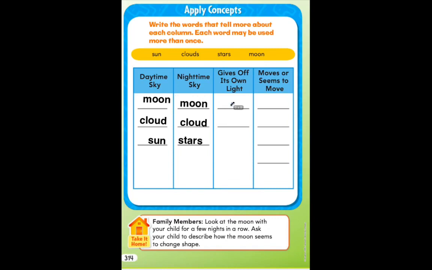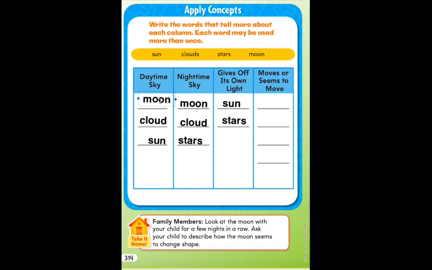Then what else? Who gives off its own light? Does moon give off its own light? No, it is the sun and the stars. These two give off their own light. Moves or seems to move. All the four things either move or we feel that they are moving.